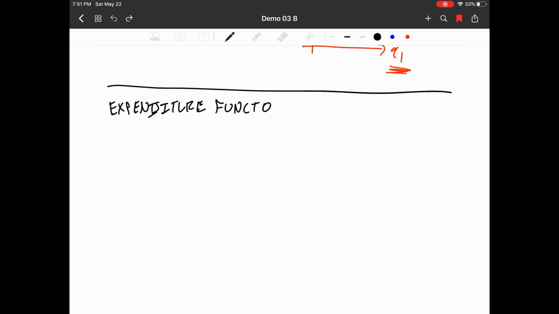Okay, so up until this point, we've mostly focused on utility maximization, where we had our indifference curve and our budget line.